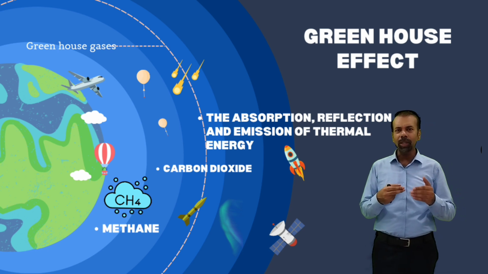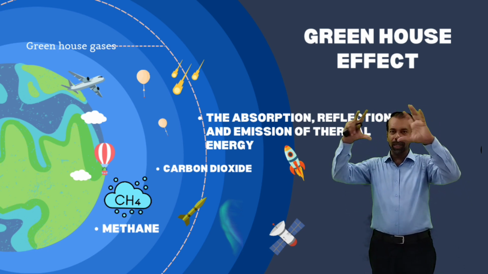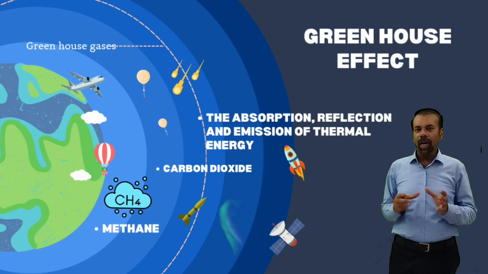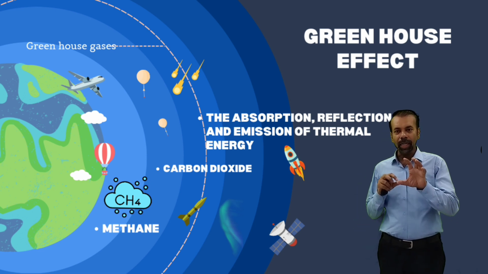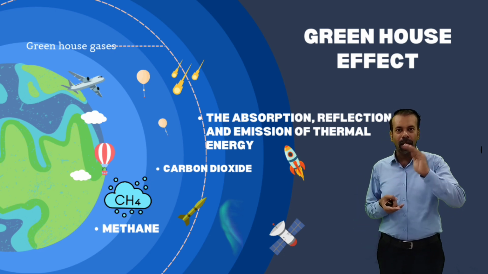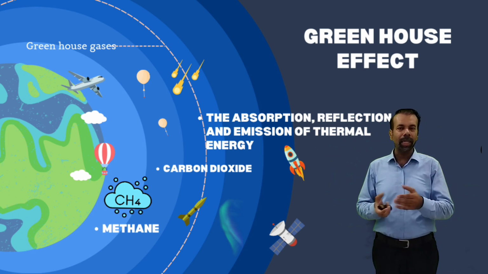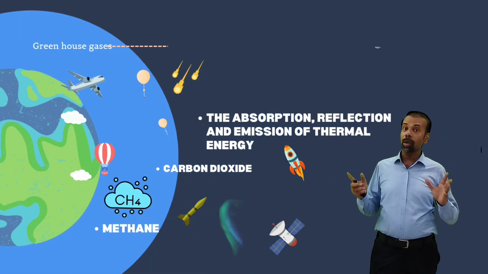But they are unable to escape this environment because there is a thick blanket of methane gas and carbon dioxide. So this blanket absorbs those reflected radiations, which in turn increases the temperature of earth, which is called global warming.